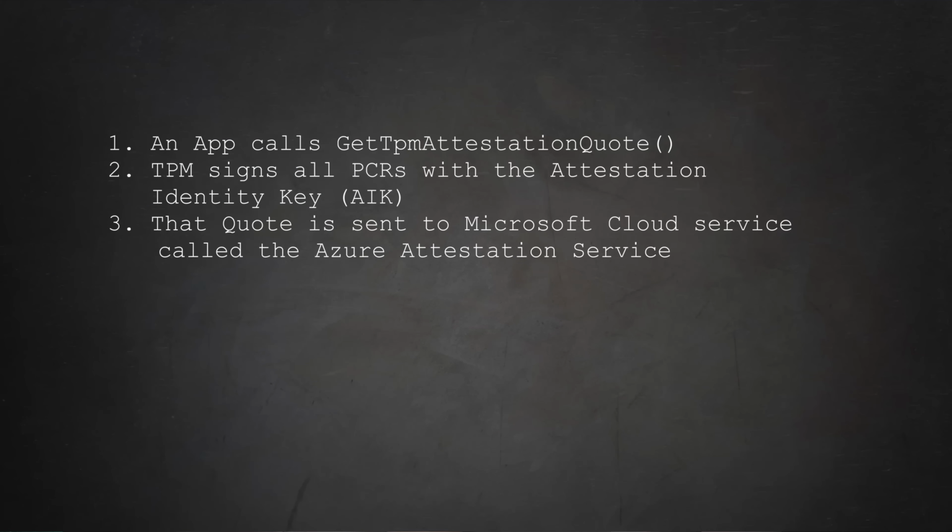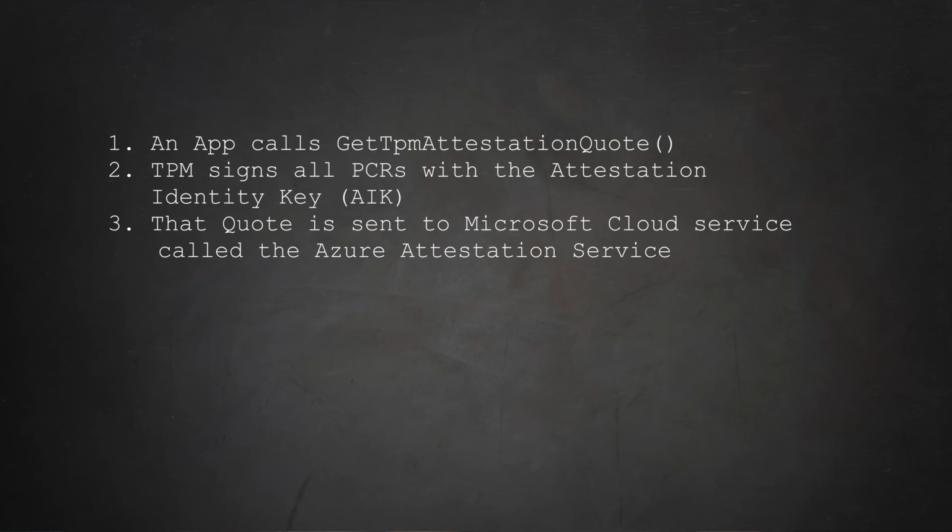Remote attestation, the final boss. Now we get to the scariest part. Using Microsoft's Platform Crypto Provider, PCP service, any application can remotely query your TPM and get a signed PCR quote. And here's how it works. An app calls Get TPM Attestation Quote.